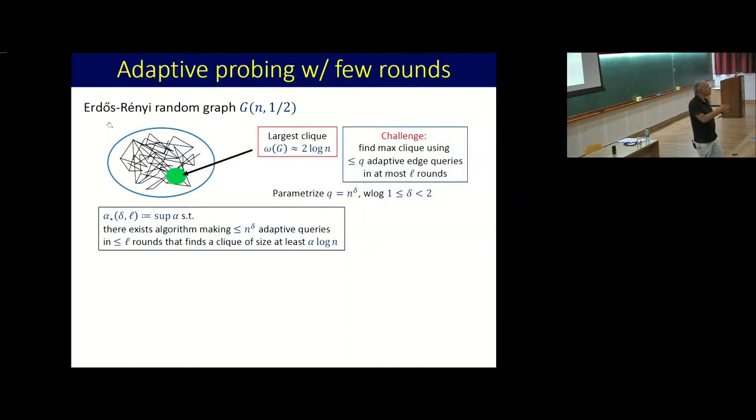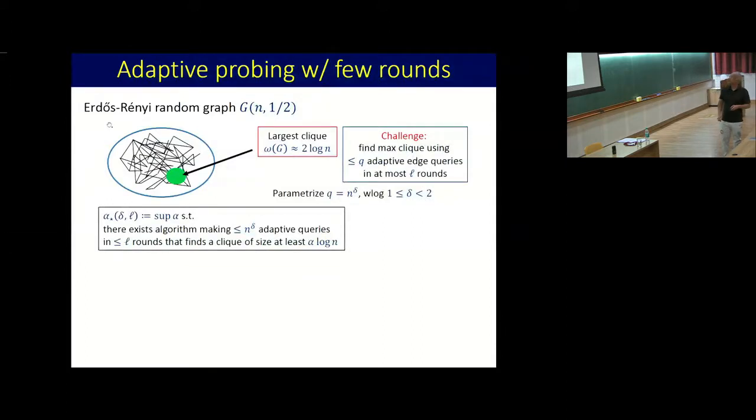So the upper bound for 2 rounds for us is not less than 3/2 log n. While we know we could do 4/3 log n with 2 rounds, we cannot show that you cannot do 3/2 or better.